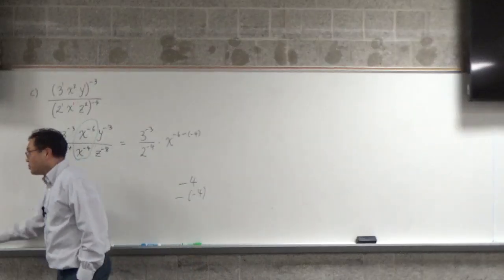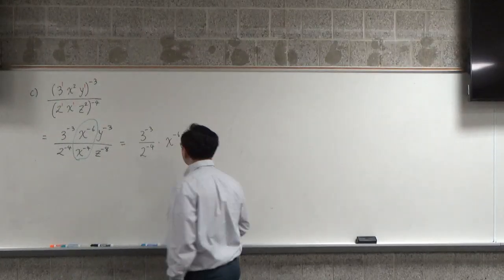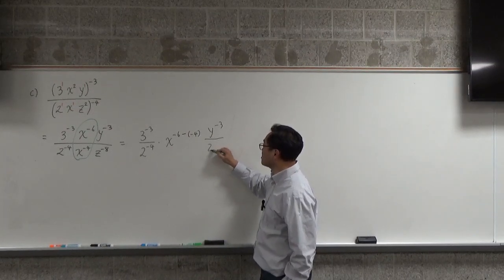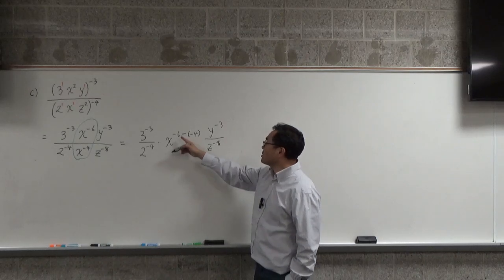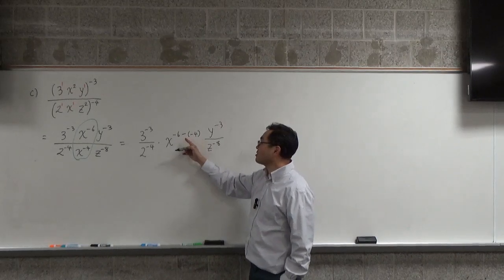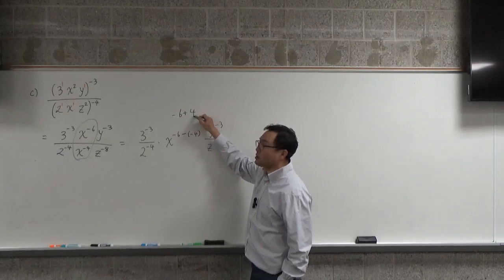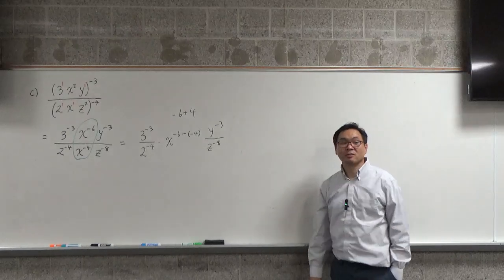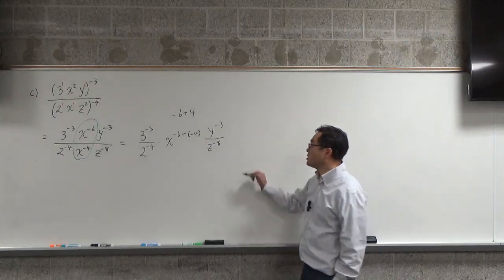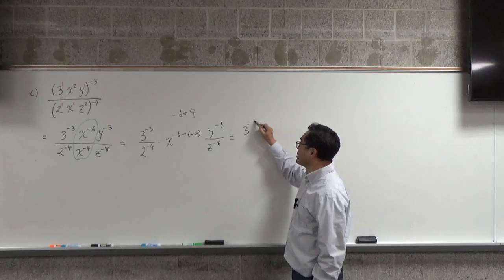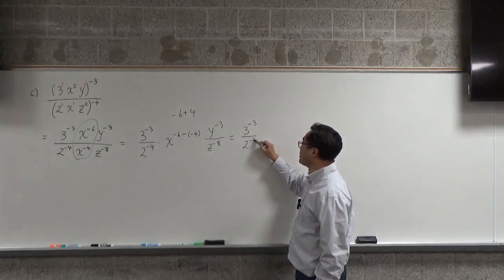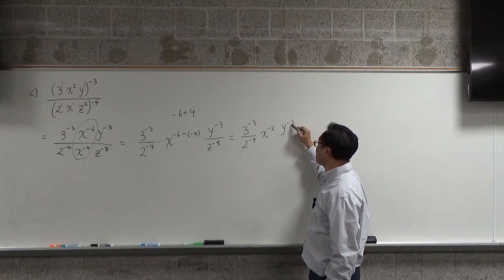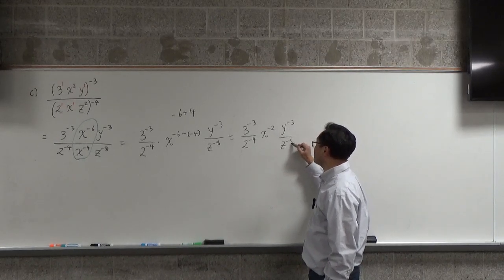So you need to write down subtract negative 4, and the other parts we can't do anything about, so just leave them like that. And what is negative 6 minus negative 4? That's the same as negative 6 plus 4, right? Negative negative becomes positive. Negative 6 plus 4 is negative 2. So you have 3 to the negative 3 over 2 to the negative 4, x to the negative 2, y to the negative 3 over z to the negative 8.